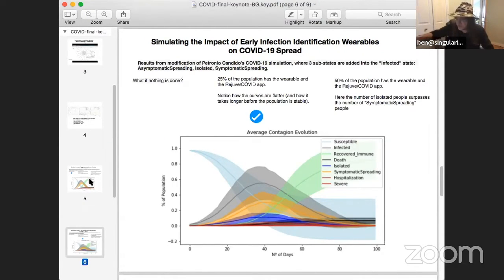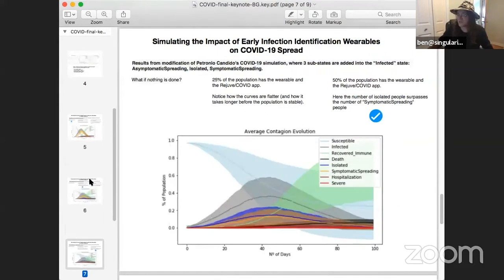We're squashing this curve, not flattening the curve in the sense that the curve is coming down at the end, but we're flattening the whole curve from beginning to end, because we're assuming a different condition. And if we have 50% of the population using the wearable, then the number of people isolated exceeds the number of people who are symptomatic and spreading, and you're going into a different regime.